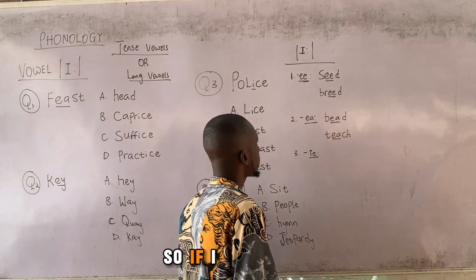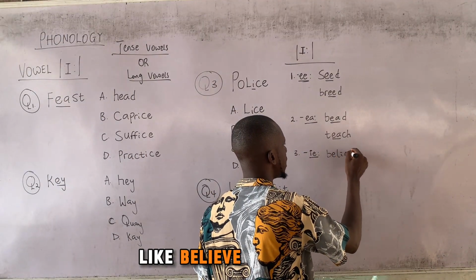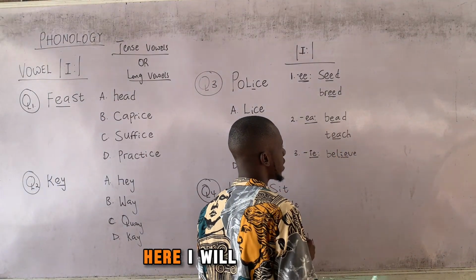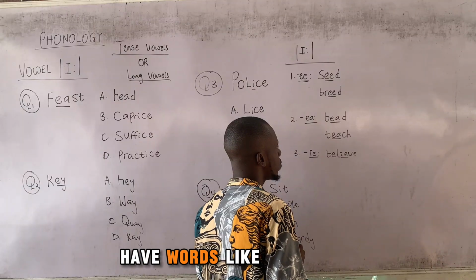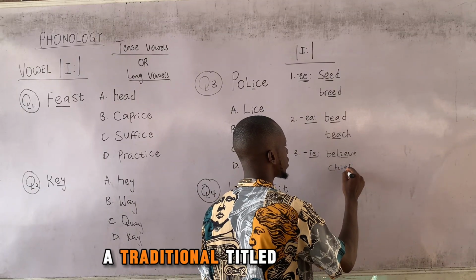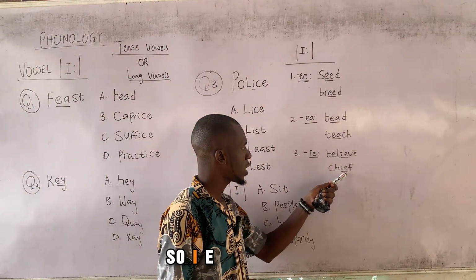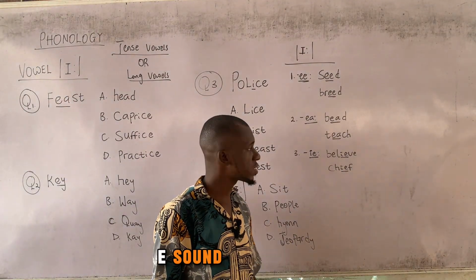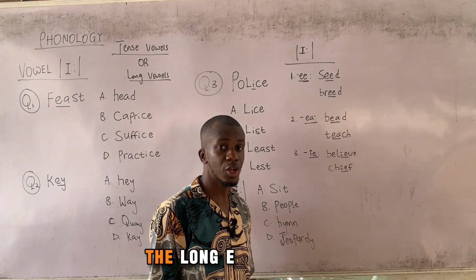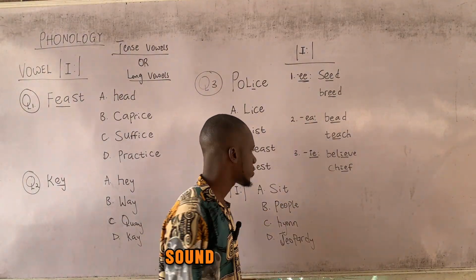So if I have IE, I will have words like believe, and words like chief, a traditional titled man. So IE produces the long E sound, EA produces the long E sound, EE produces the long E sound.